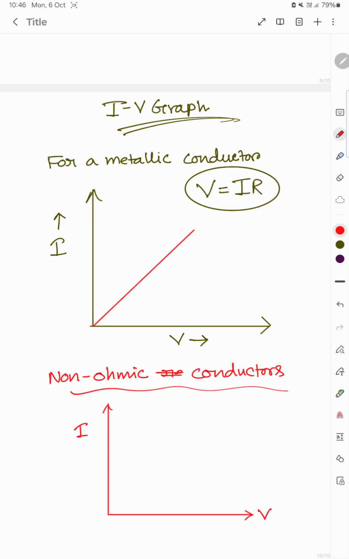Use your scale and pencil while drawing this, and it is a non-linear curve. This is for non-ohmic conductors.